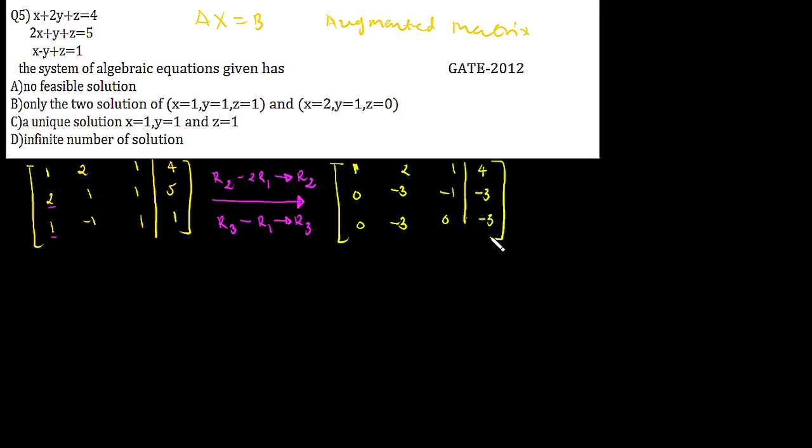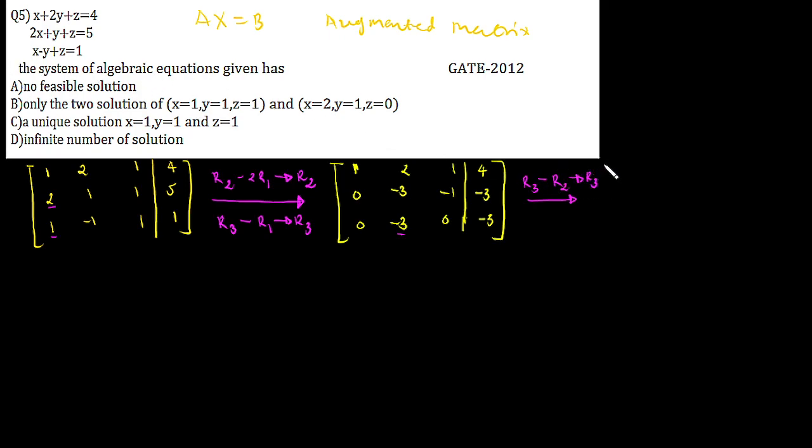Now we still have to apply one more operation to reduce this matrix into echelon form. So let's further reduce this entry to 0. If I subtract the second row from the third row, then this entry will be 0. So I can say R3 minus R2, and it will make the new R3.